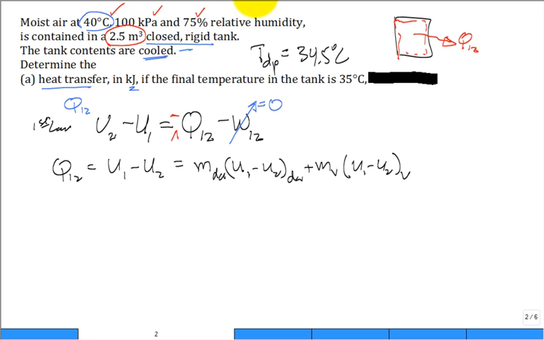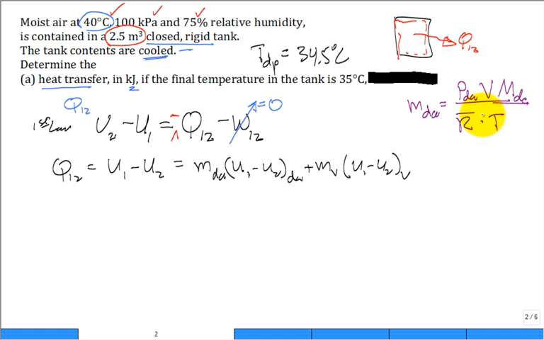The mass of the dry air is equal to the partial pressure of the dry air in the mixture, initially at state 1, times the total volume of the container, times the molar mass of the dry air, divided by R bar T. Hey, I'm getting pretty good at this ideal gas equation, aren't you?